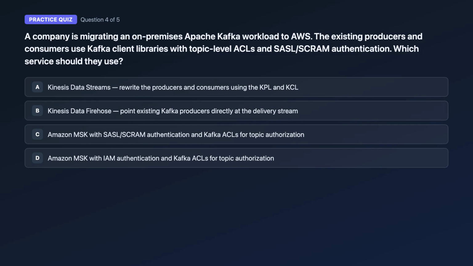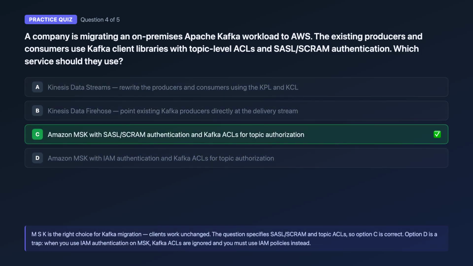Is it A, Kinesis Data Streams, rewriting the producers and consumers using the KPL and KCL? B, Kinesis Data Firehose with existing Kafka producers pointed directly at the delivery stream? C, Amazon MSK with SASL/SCRAM authentication and Kafka ACLs for topic authorization? Or D, Amazon MSK with IAM authentication and Kafka ACLs for topic authorization?